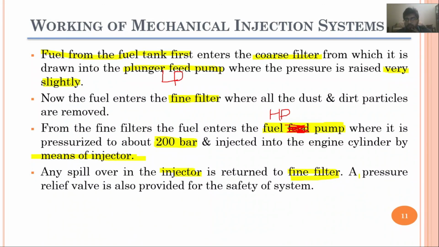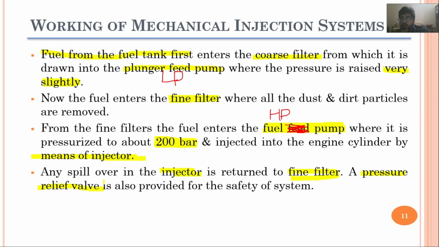A pressure relief valve is also provided, and it is for the safety of the system. You must have also seen this pressure relief valve in the domestic geysers in your home as well. You can see that there is a pressure relief valve.